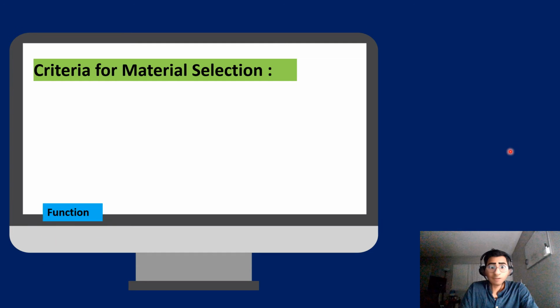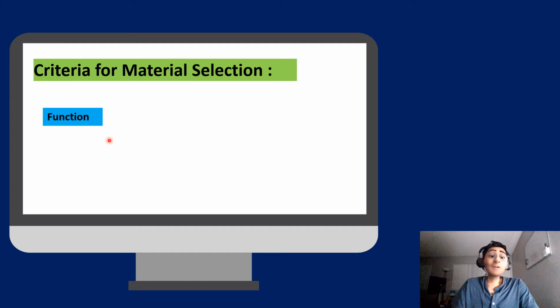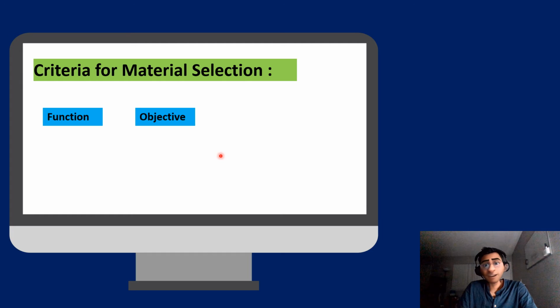So it's straightforward. I first identify the function, what this component is doing for the overall assembly, which helps to narrow down whether the material I select is able to deliver the basic functions. Then, what's the objective I'm trying to solve? In the previous case we discussed, we were trying to increase the modulus of elasticity, but normally it's coupled with some other factors as well.